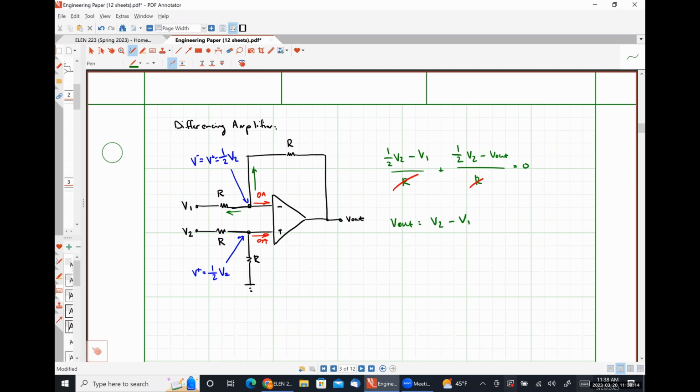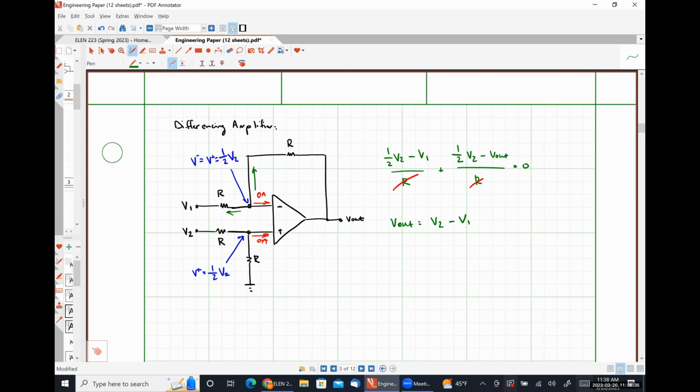So we simply have the difference of the input signals coming out at our output. If we used different values of resistors, we would wind up scaling our different signals by certain amounts. This is the classic case where they're both scaled by a factor of 1.